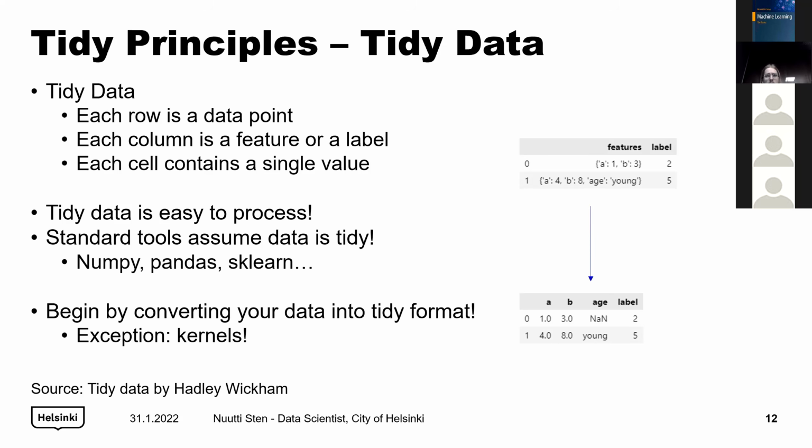All the standard tools that you've already been using assume these principles. There's one exception to this, and it's basically kernel-based methods. If you're processing, for example, image data, your data point might be a nested structure, like a vector inside a cell, but that's an exception.